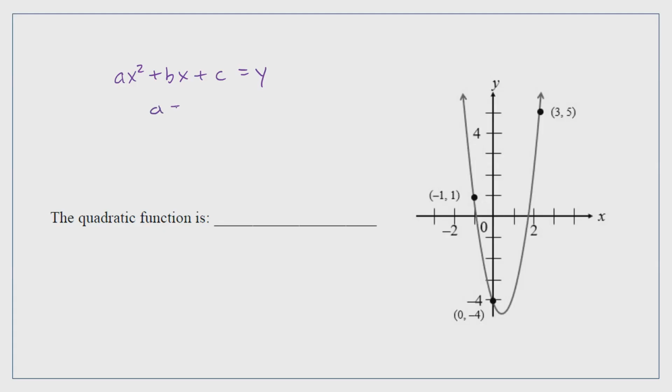I know my a equals 2, my b equals negative 3, and my c equals negative 4. So the quadratic function that contains those 3 points is going to be y equals 2x squared minus 3x minus 4. Okay, and that's our quadratic function. And that concludes section 6.1.